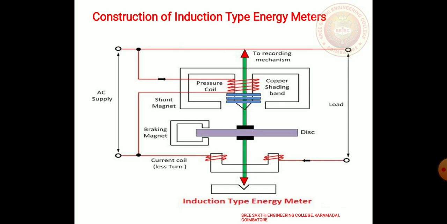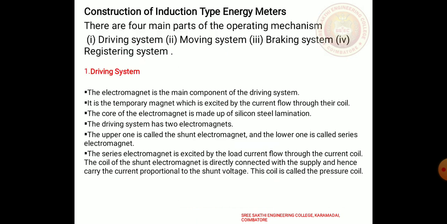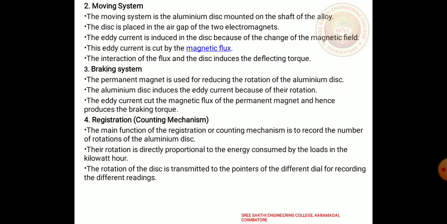Next we discuss the braking system. Damping of the disc is provided by a small permanent magnet located diametrically opposite to the AC magnet. The disc passes between the magnetic gaps. The movement of the rotating disc through the magnetic field crossing the air gap sets up eddy currents. Next we discuss the registration or counting mechanism.